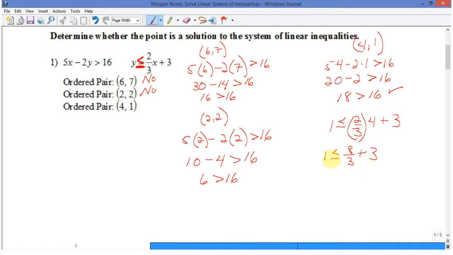Well, obviously, 1 is less. If 1 is less than 3, it's certainly going to be less than 8/3 plus 3. So we can see right now that it works in that also. So both of them are true. So that ordered pair is a solution.